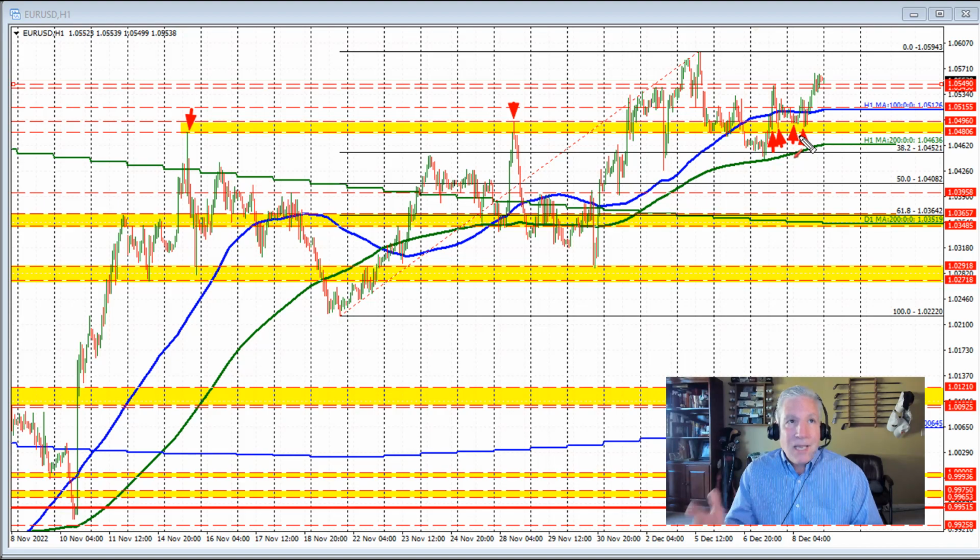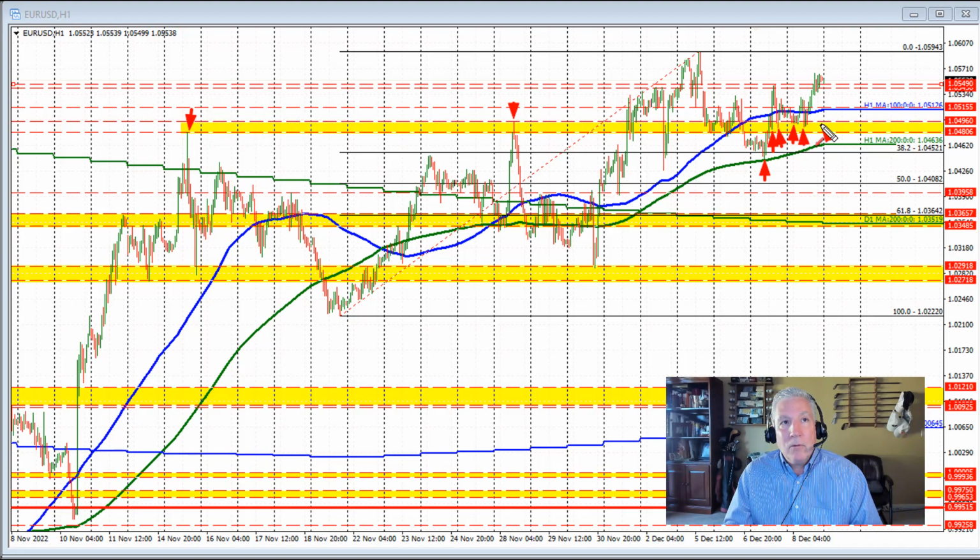So we stayed above the November highs, even though we moved below it here and tested the 200. We came in and stayed above those levels, which was a significant bounce as well. So two significant bounces, once off the 200 and then off the support levels from the November highs.